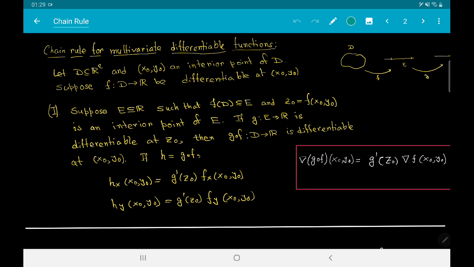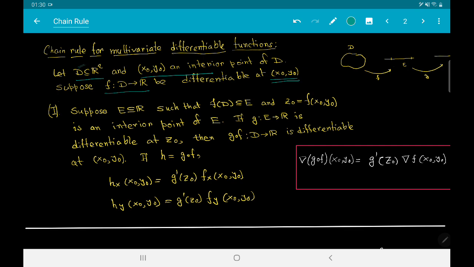So as always, we have a domain D in R2, and (x0, y0) an interior point of D, because we are going to talk about differentiability of a real valued function f on the subset D. Suppose that this function is differentiable at the point (x0, y0).